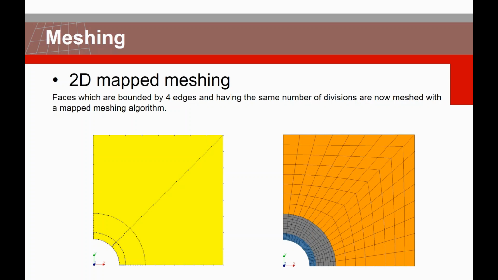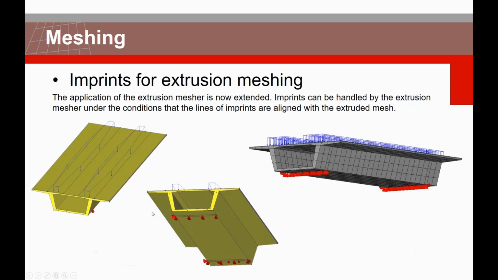For meshing, we have improved the feature of 2D mapping. For any four edges with a matching number of segments, the program is able to create a mapped mesh for you. So here you can see a nicely mapped and structured mesh generated for any of these panels, where the number of segments on the two corresponding edges are matching with each other.